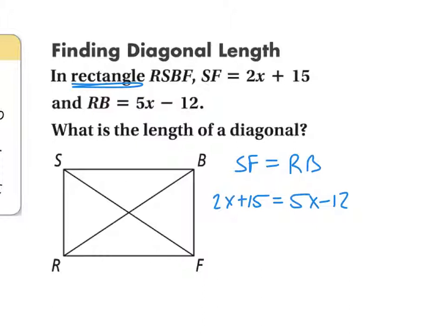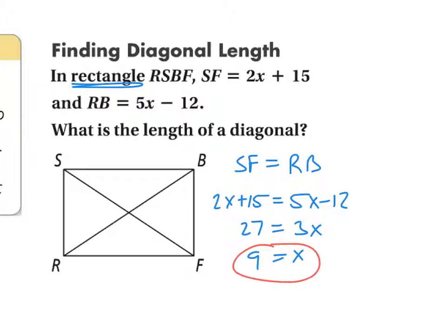Let's see, adding 12 to both sides gives me 27. Subtracting 2x from both sides gives me 3x. Dividing by 3, x must equal 9. But is that what they asked me to do? No. They said find the length of a diagonal. So how the heck am I going to do that? Plug it in.